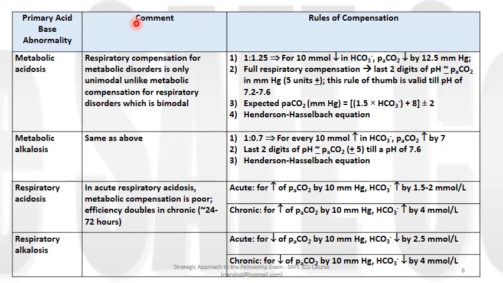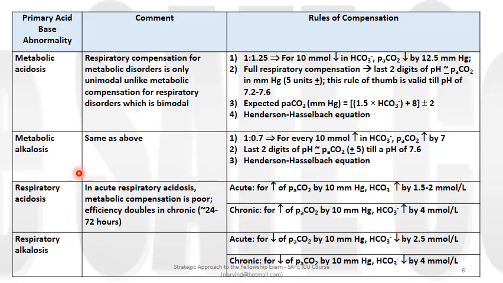Now, in metabolic acidosis, the compensation is happening by the respiratory system. So there is respiratory compensation in metabolic acidosis or alkalosis. On the other hand, in respiratory acidosis and respiratory alkalosis, the compensation is happening by the metabolic limb, so by the kidneys and by the other organs.